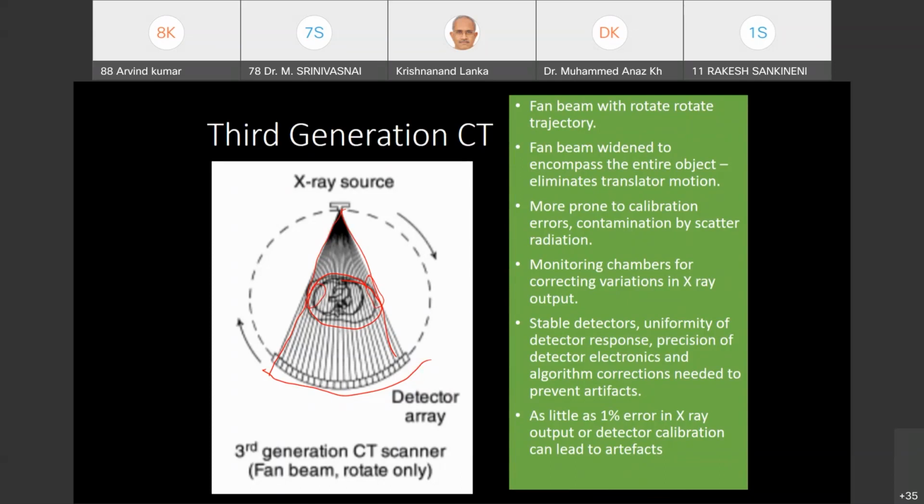So for that, what you have to do is uniformity of response, precision of detector electronics, and algorithm corrections needed to prevent artifacts. Even though in one beam you are able to cover the entire section, the other nuisance is that you may end up having some artifacts. For that, you have to use the necessary correction algorithms.